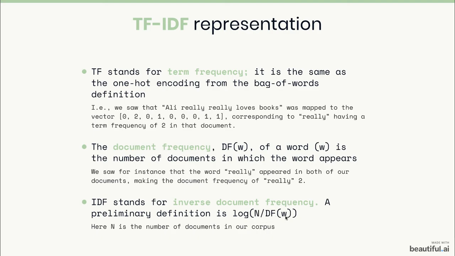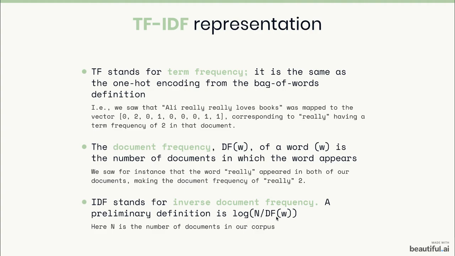But if a word appears in only one of the documents, the document frequency would be 1, so this fraction would be 2. The logarithm is simply there to ensure that it doesn't grow too fast. We want to assign a higher weight to rare words, but not necessarily linearly. So this is somewhat of an arbitrary decision.